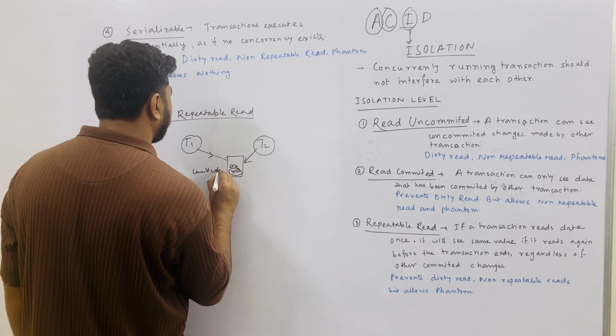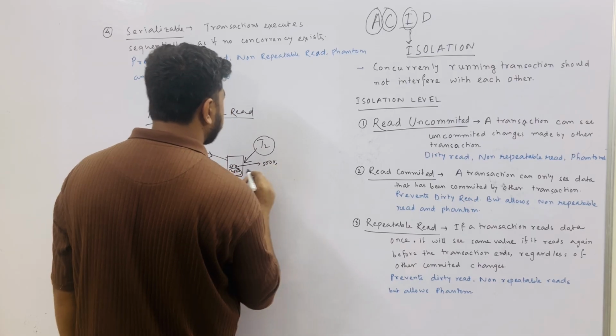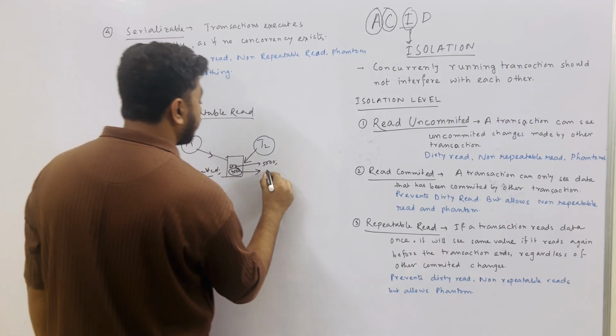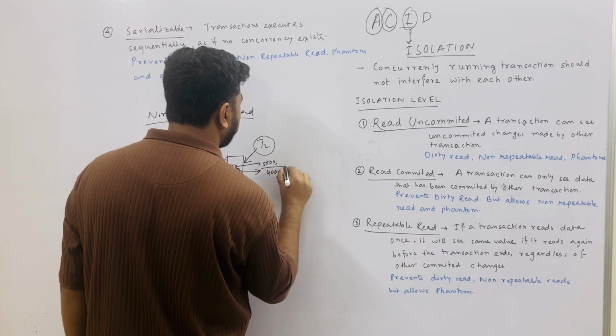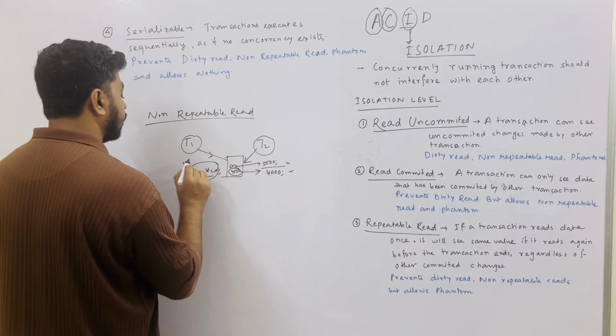Before the commit happened, transaction 2 got the value 5,000, and in the same transaction when it gets the value again, it will get 4,000, because before it fetches the second time, the transaction had already committed the value.